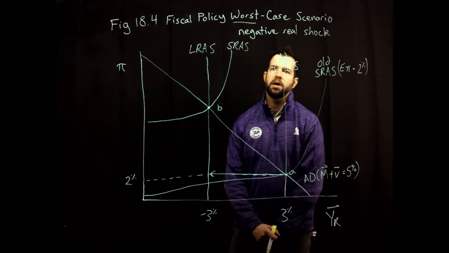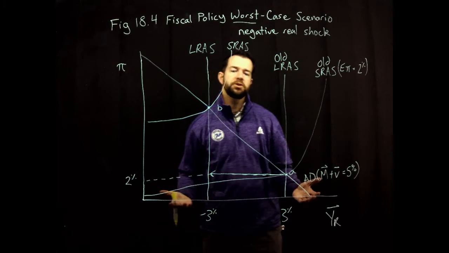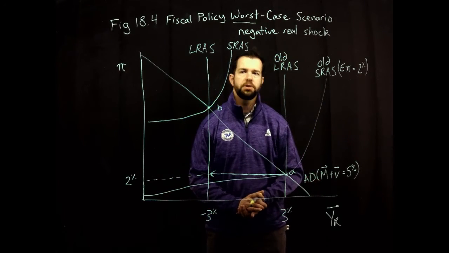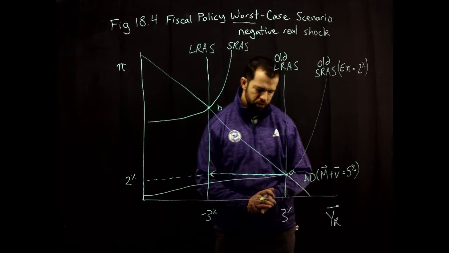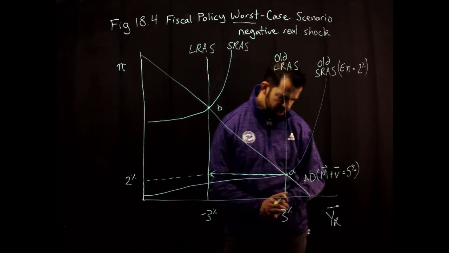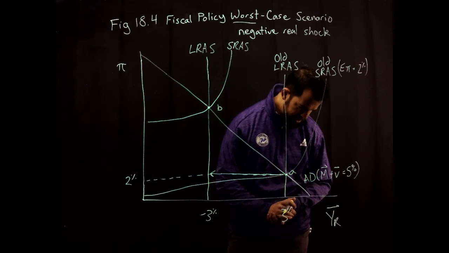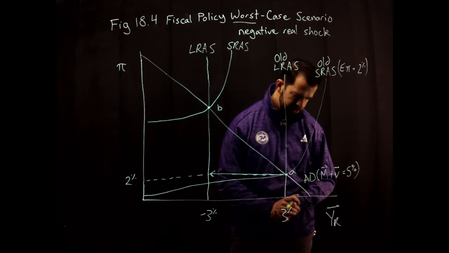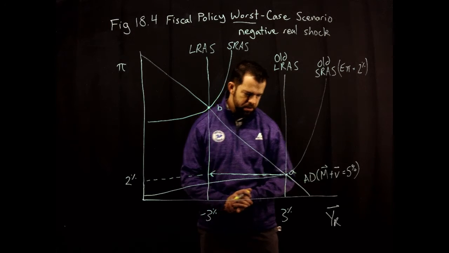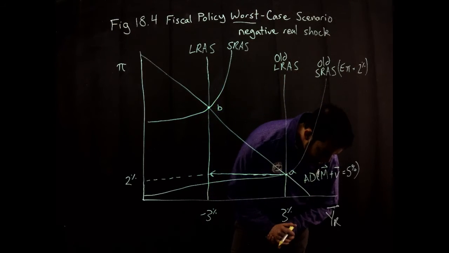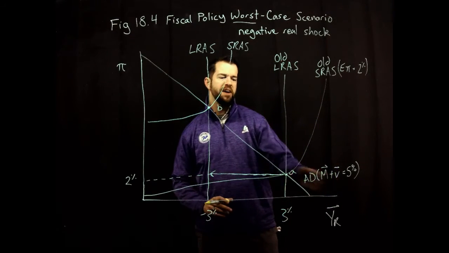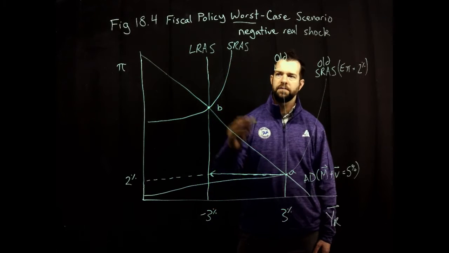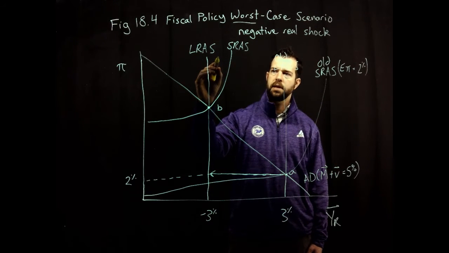So its response is expansionary fiscal policy. And so what they'll do is they'll increase government spending significantly to about 15% there. Okay, so we're going to go from a 5% to a 15% aggregate demand curve here.